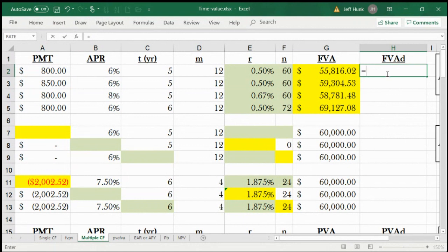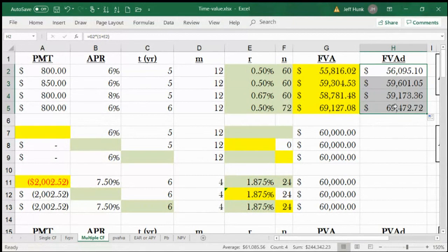You can recycle the ordinary annuity result and simply give it one more compounding. It makes sense? So if you do that and drag it down, we get our future value by annuity due.